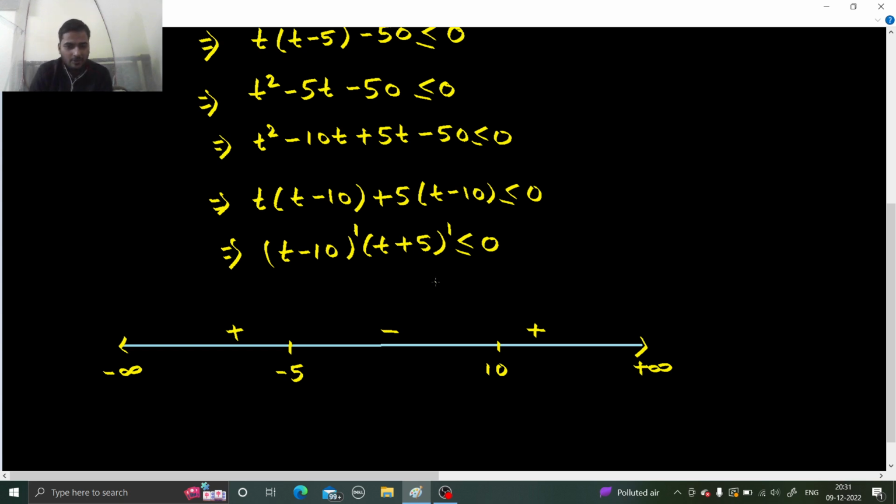If some of you say that if you put values greater than 10, that is 11 minus 10, that is giving you 1, and 11 plus 5, that is 16. Oh, this is not less than 0. What is the problem I am facing?